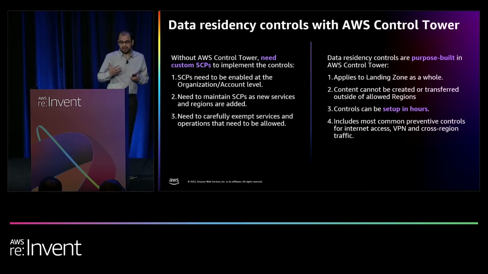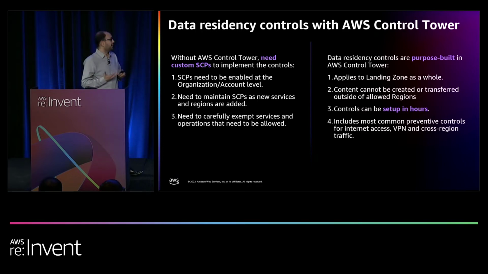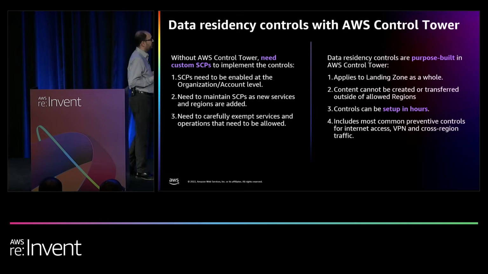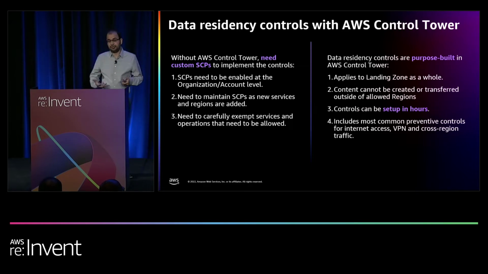The hardest part was you need a very highly skilled set of people to really truly understand what exemptions need to be made to services and operations that need to be exempted from these controls. So that's an ongoing, evolving list, and that requires a lot of effort. So one of the big things that Control Tower gave us is an ability to delegate the maintenance of the exemptions list to the managed guardrail.